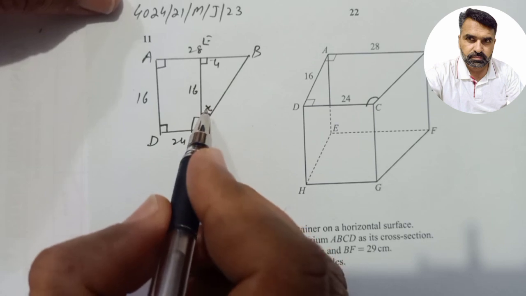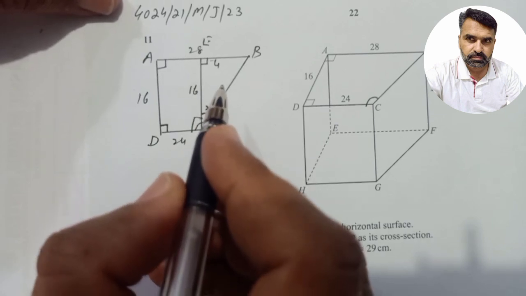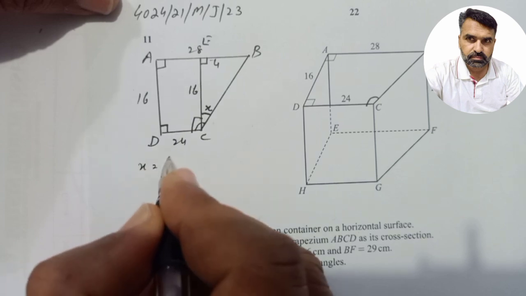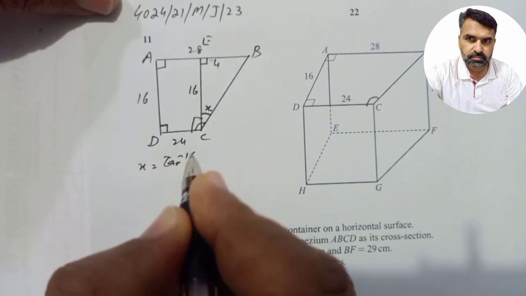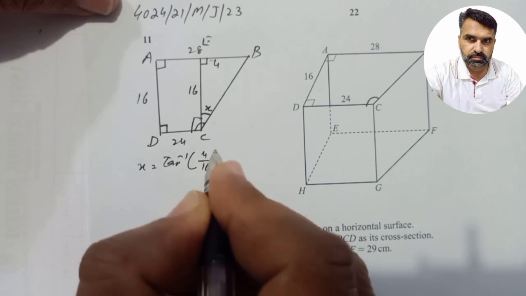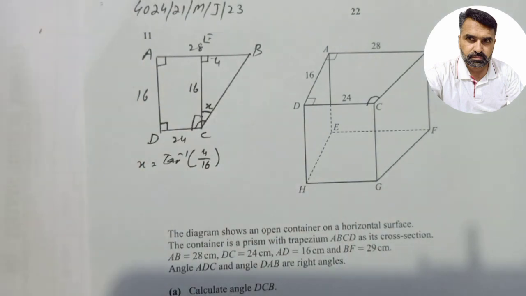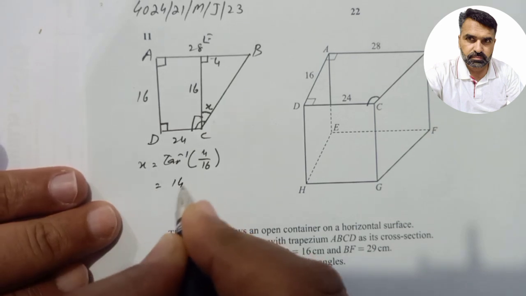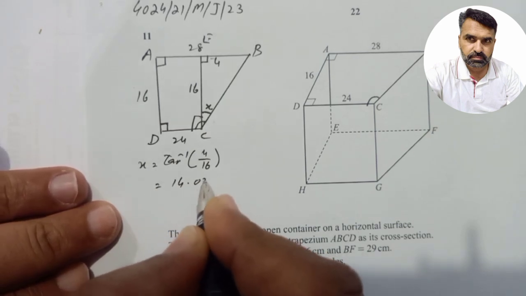If we use tan theta equals perpendicular over base, X will become tan inverse of 4 over 16. Shift tan 4 by 16, and the value of this angle will become 14.036.